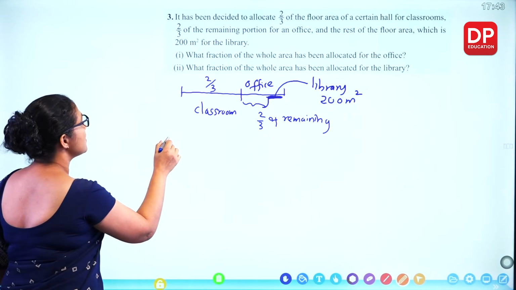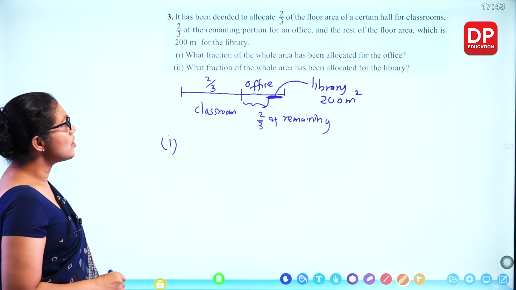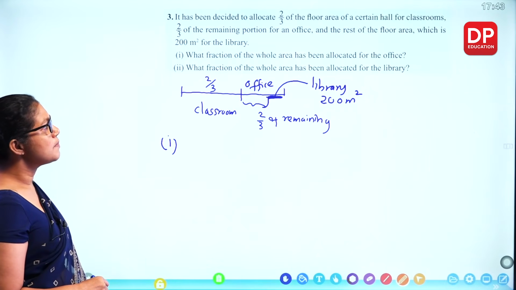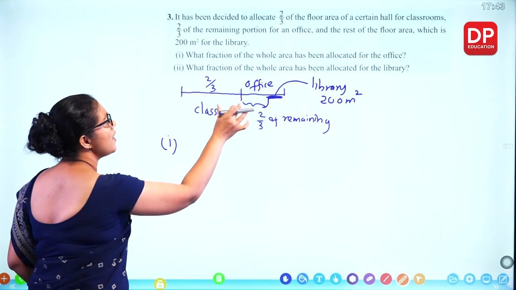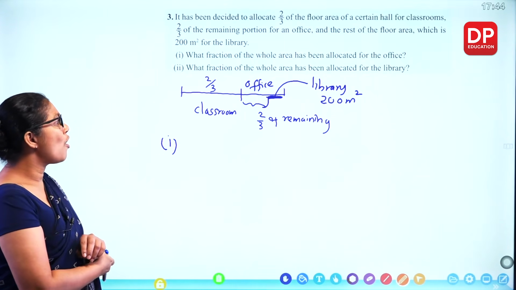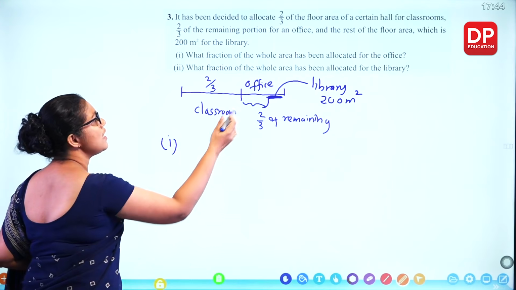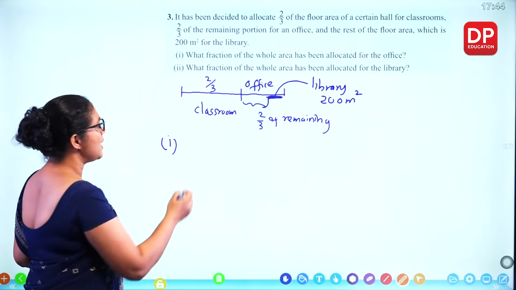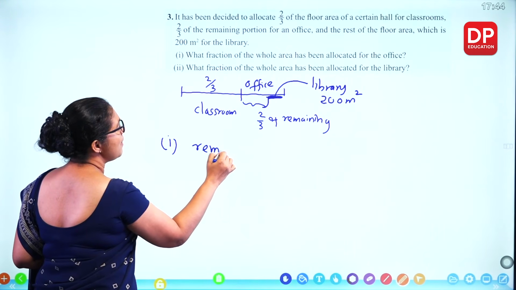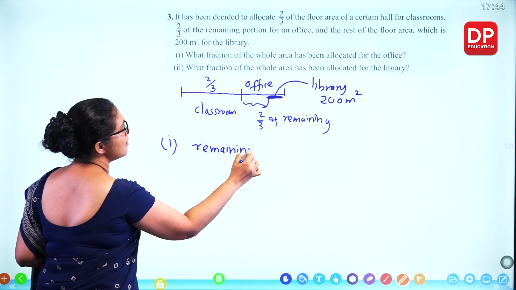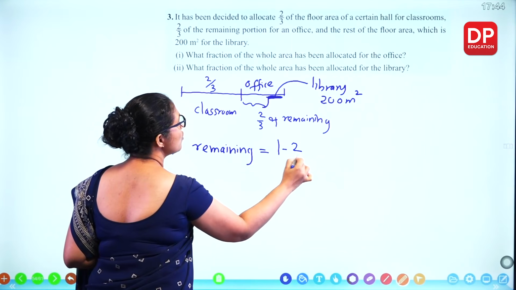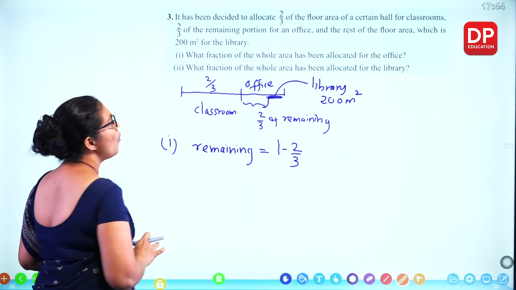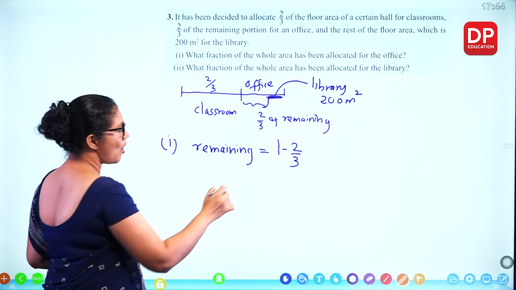So the first part says: what fraction of the whole area has been allocated for the office? So how do we find the allocated amount for the office? First you need to find the remaining part. When you take the full thing and subtract 2/3, you get the whole remaining part. So how do you do that?